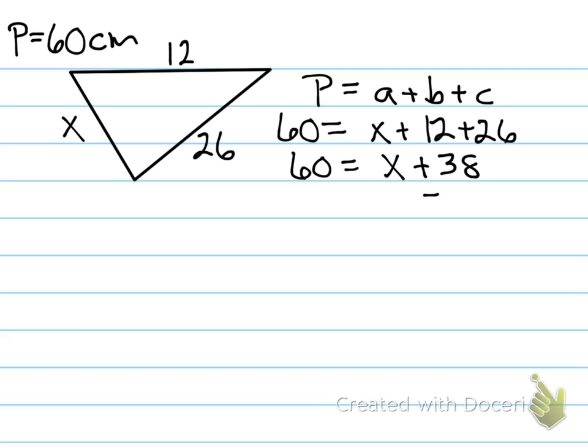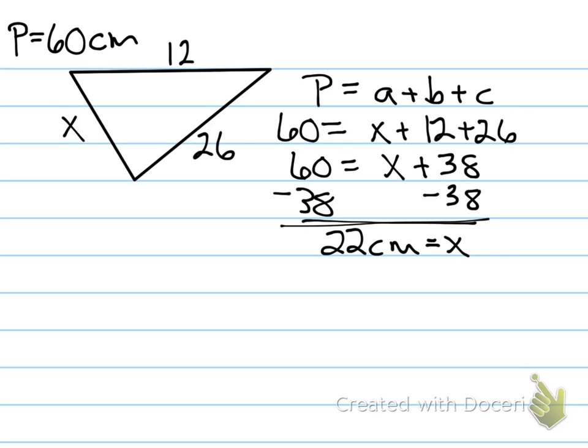You gotta subtract 38 from both sides. And 22 centimeters equals X. All right, so that's how you would do number 38 on your homework tonight. I'm going to take out the square because the square is actually a two-step equation, so we're not there yet. All right, and if you understand that, that's everything you need to know for 2.5.